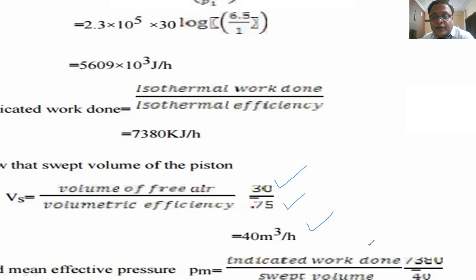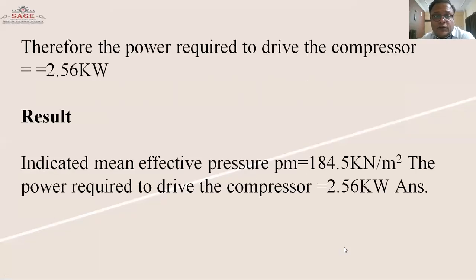The indicated mean effective pressure can be calculated by the formula: indicated work done divided by 3600 if you want to convert into seconds, and the swept volume. So Pm is equal to indicated work done upon the swept volume. As already discussed in thermodynamics, the mean effective pressure depends on two factors: the net work done and the swept volume.